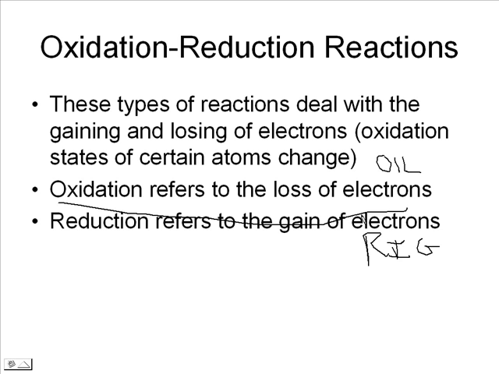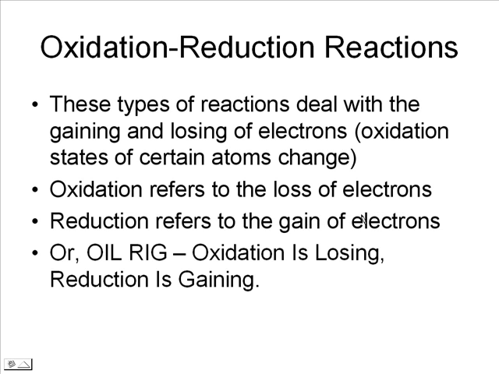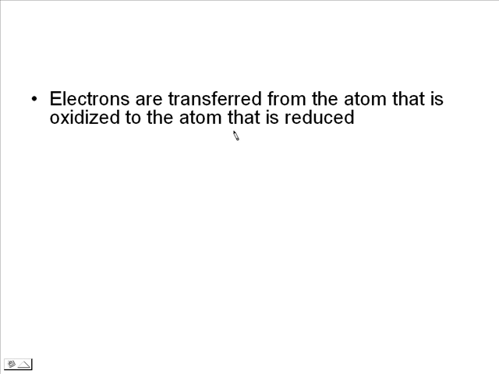When something is being reduced, it is gaining electrons. In a redox reaction, something has to lose electrons and something must gain electrons. If there's nothing that gains the electrons, then something can't lose electrons, and it's not an oxidation reduction reaction.